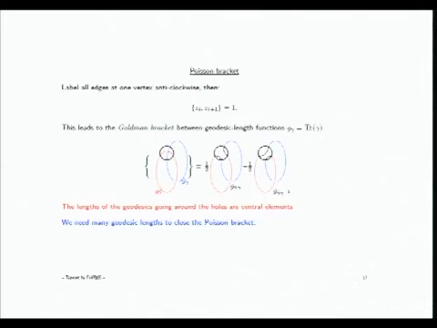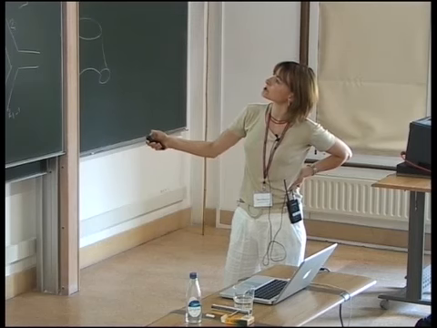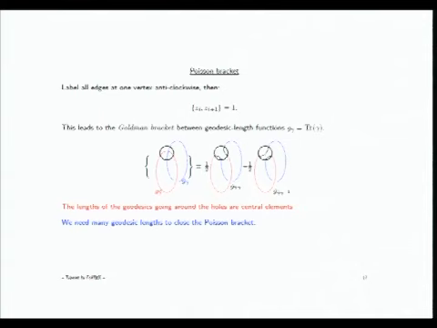But anyway, it's saying that the Poisson bracket between the length of the red geodesic and the length of the blue geodesic is 1/2 the length of this geodesic, which is obtained going along gamma twiddle first, so the red one first, and then along the blue one, minus 1/2 of the one I get by going along the red one, and then the inverse of the blue.